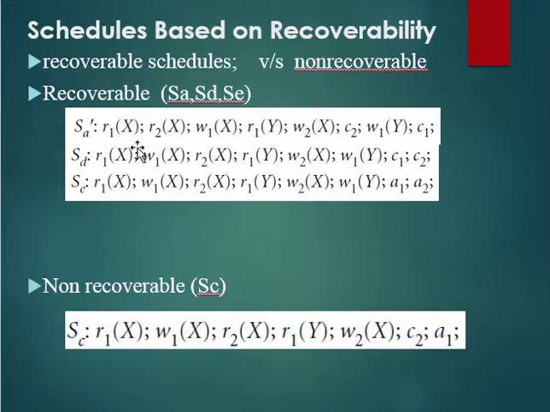Here you can see R1 of x, that cannot create any problem. We need to check the write operation first. Transaction T1 has written something into x. Then we need to check whether any read operation happens in any other transaction.